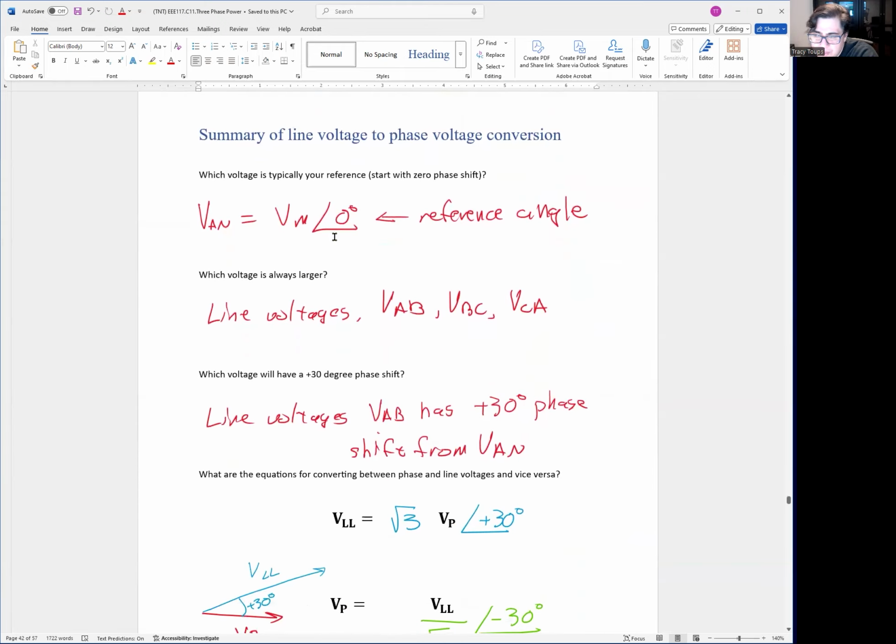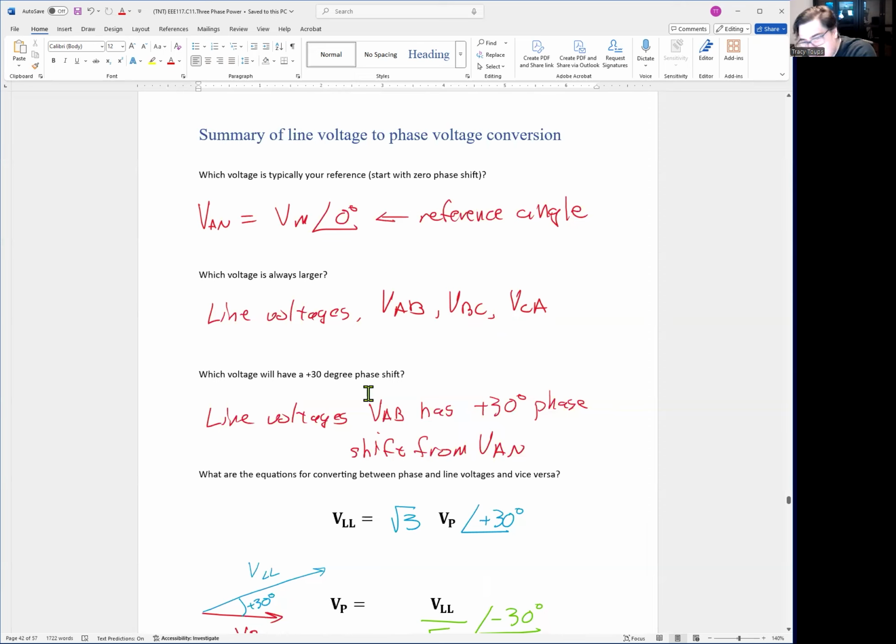So, summary of the difference. VAN is always at magnitude, phase angle 0 degrees, that's the reference angle. From here we can calculate VBN and VCN, we already know that. We can get the line voltages VAB, VBC, VCA. Remember, line voltages are always larger than phase-to-neutral voltages, so VAB will always be bigger than VAN.